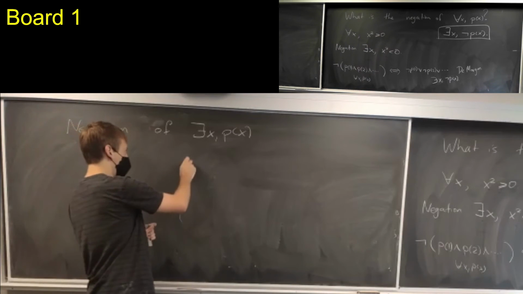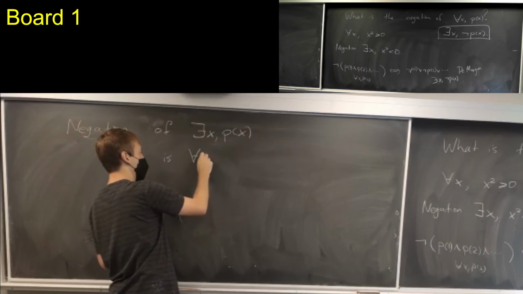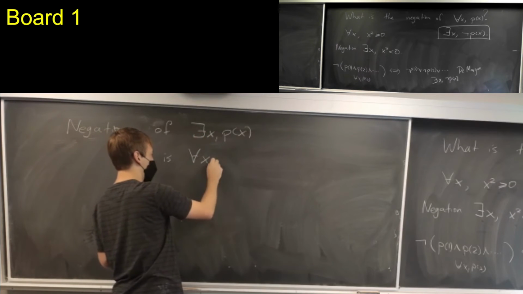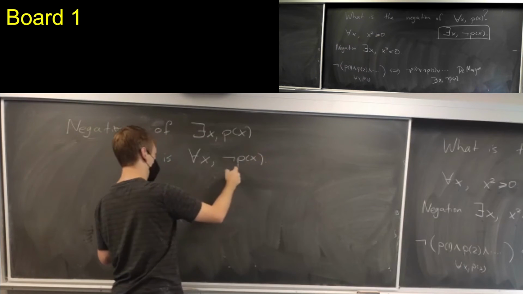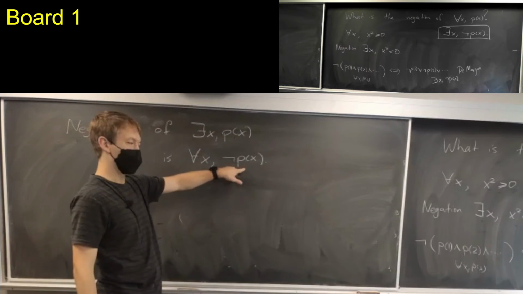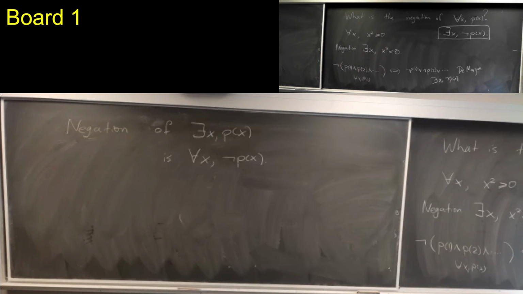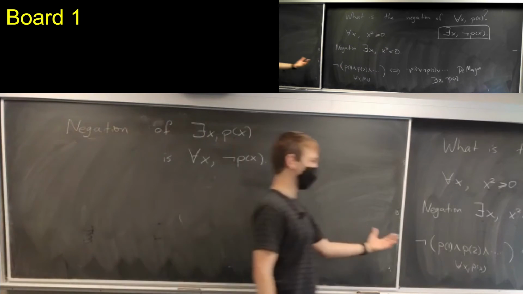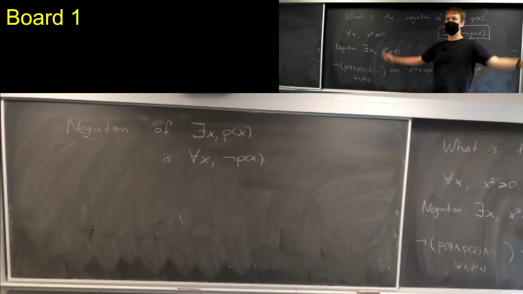Exactly, yeah. When you negate these things, you switch the there exists to for all, and you change your open statement to the negation of the open statement. This is following the same principle. It's basically like a big De Morgan's law.